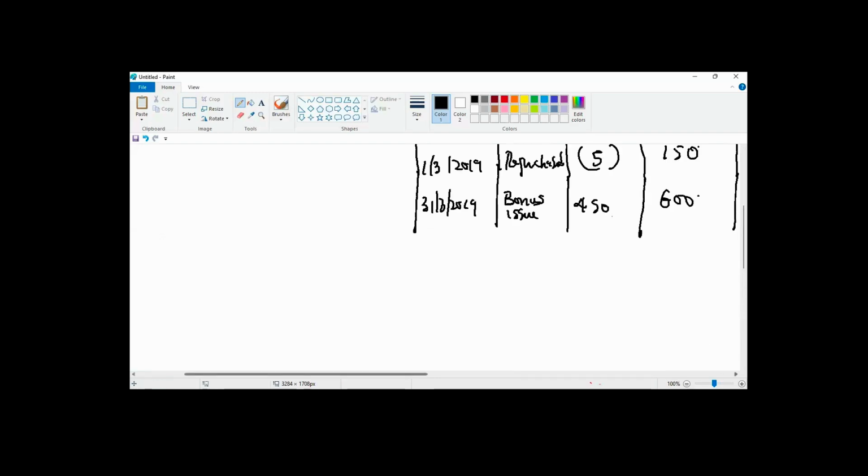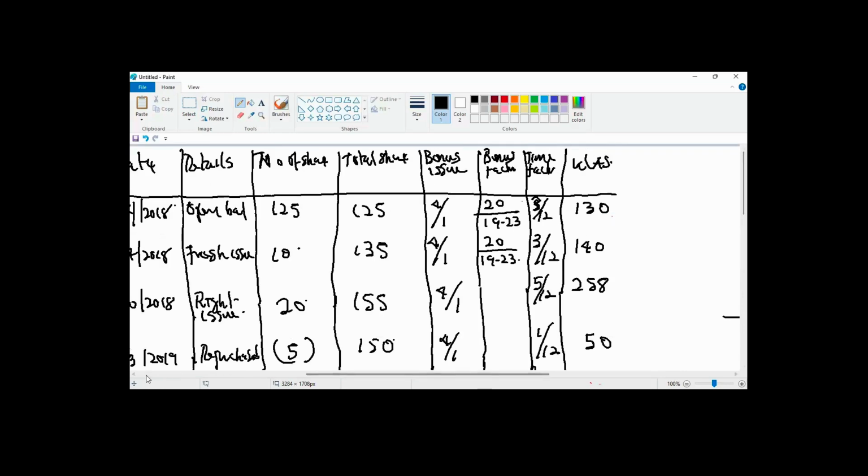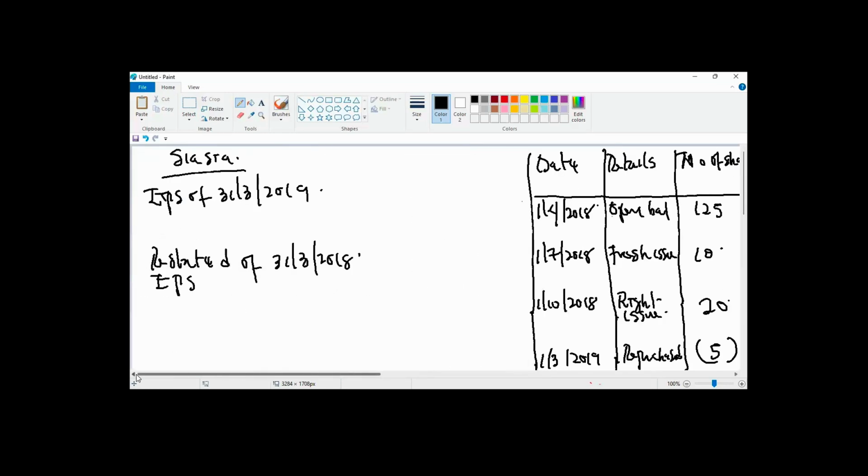What is the weighted average number of shares? 578. So 196 divided by 578 times 100 will give me my basic earnings per share. For the diluted, does it give me earnings per share of the previous year?